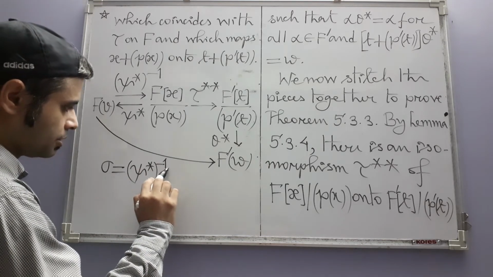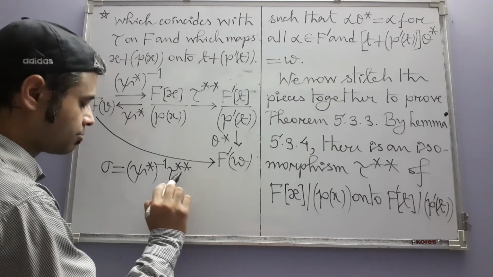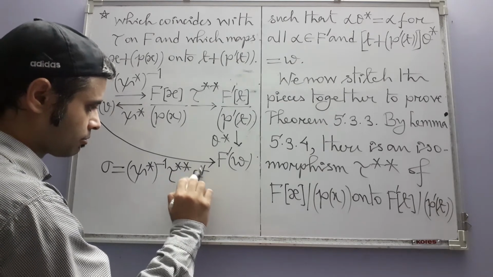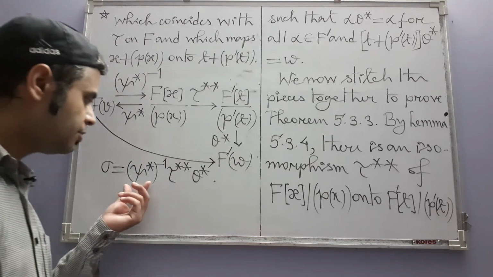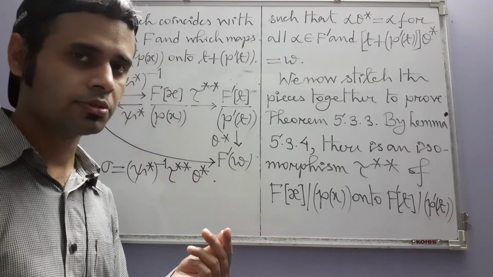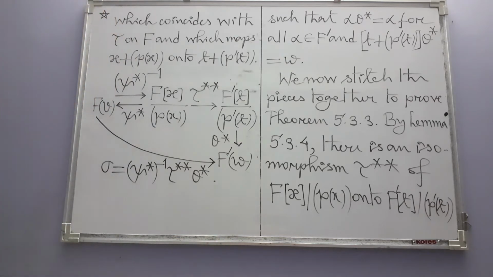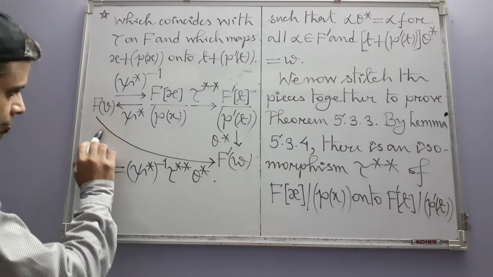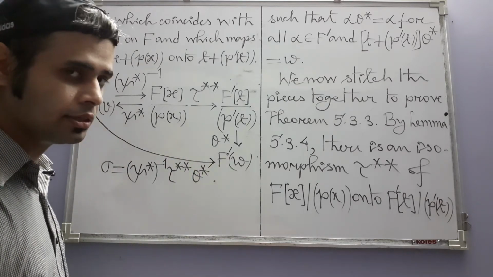It's the composition of these three isomorphisms. Because each one is an isomorphism, their composition is automatically also an isomorphism, and that gives you the isomorphism between F(v) and F'(w) that we are seeking.